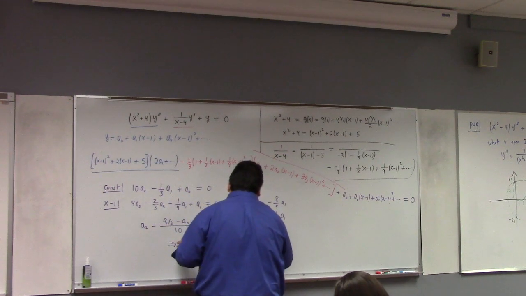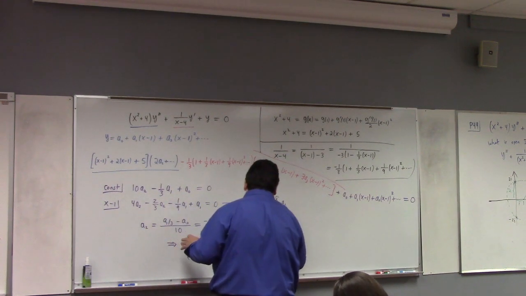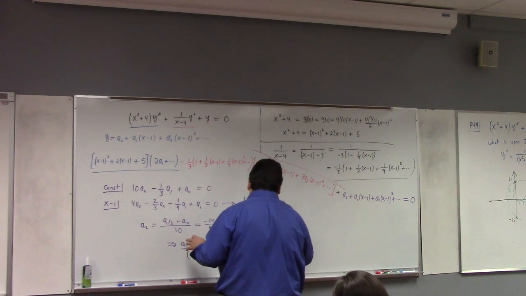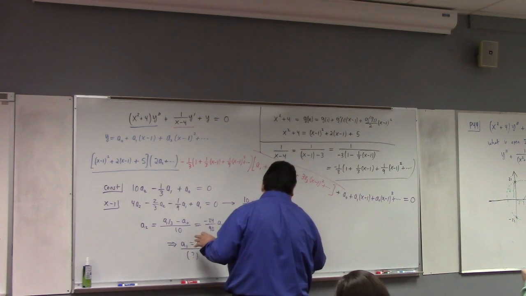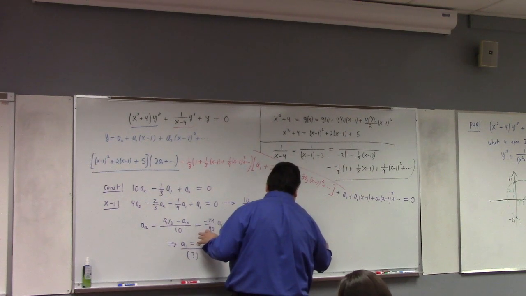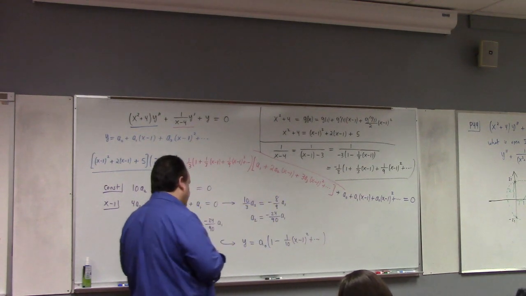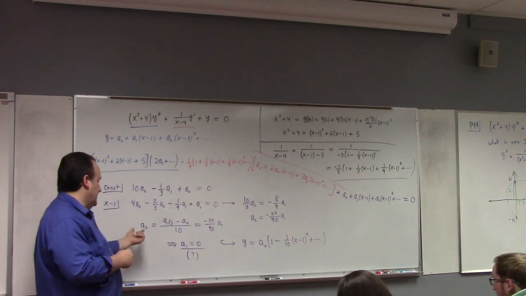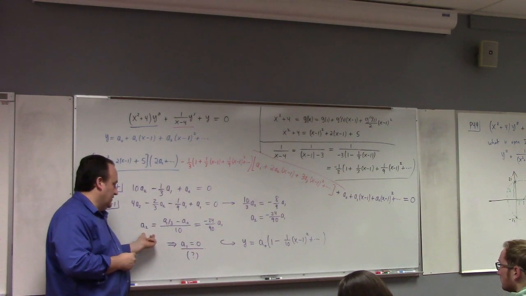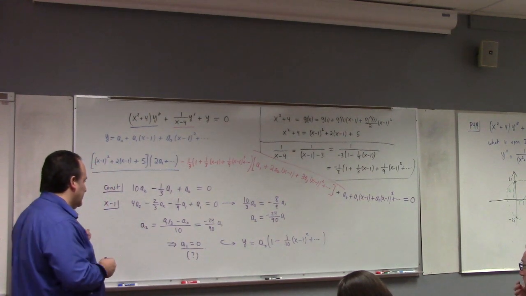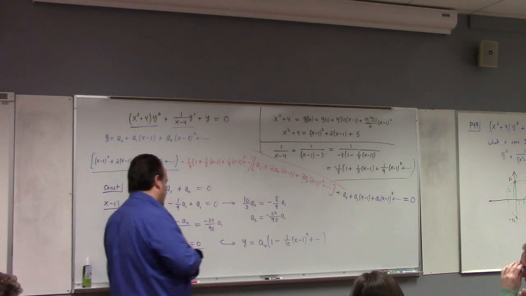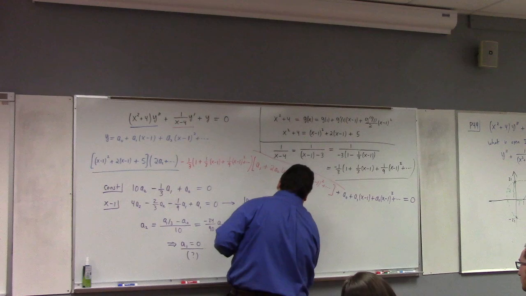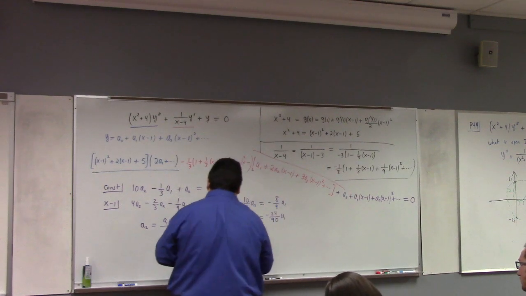If that's the case, then we get y is equal to a0 times 1 minus 1/10 times x minus 1 squared. See, because this says a2 is then just, oh, wait a minute, that would say a2 is 0. That's not good. Hey, you know what? It's very possible that the second order, the solution is just this.